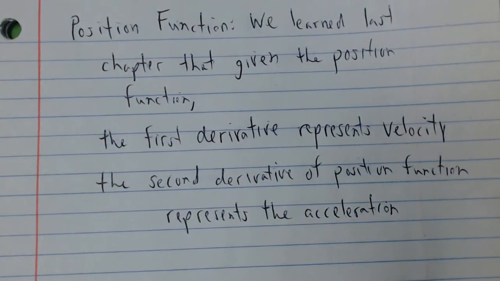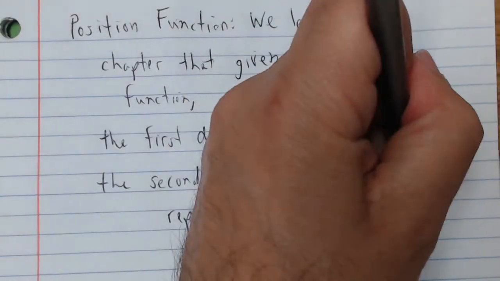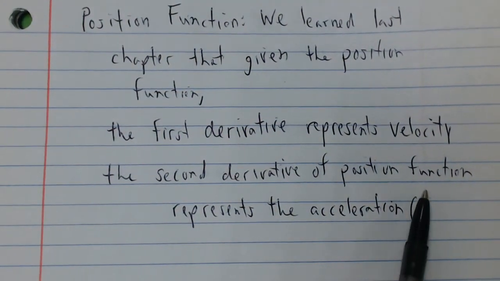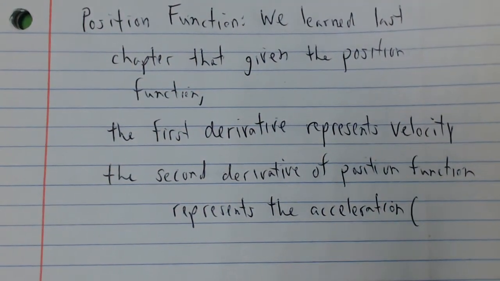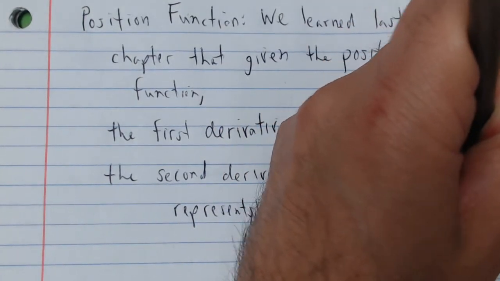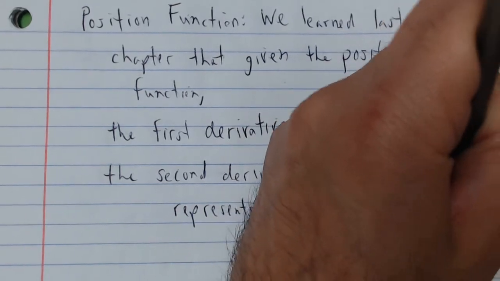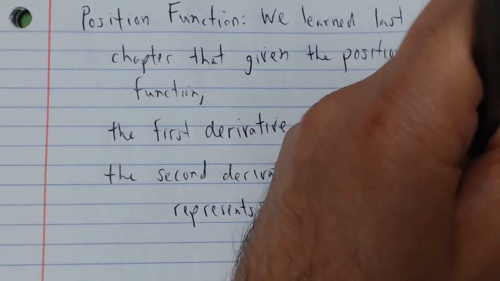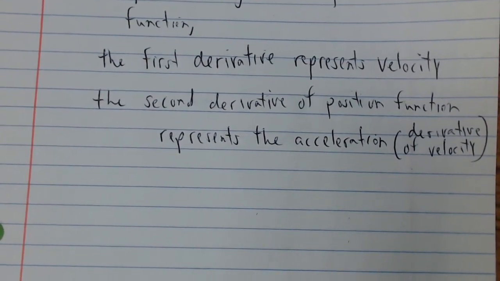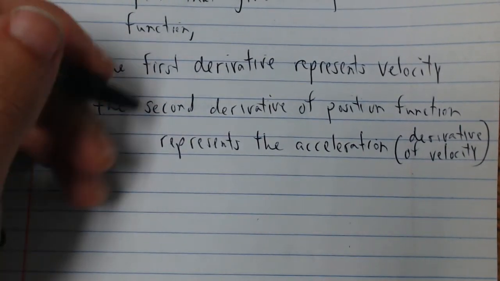Another way to think about it is that this is the second derivative of position, or just the derivative of velocity. Okay, so the last thing we're going to talk about is the third derivative.